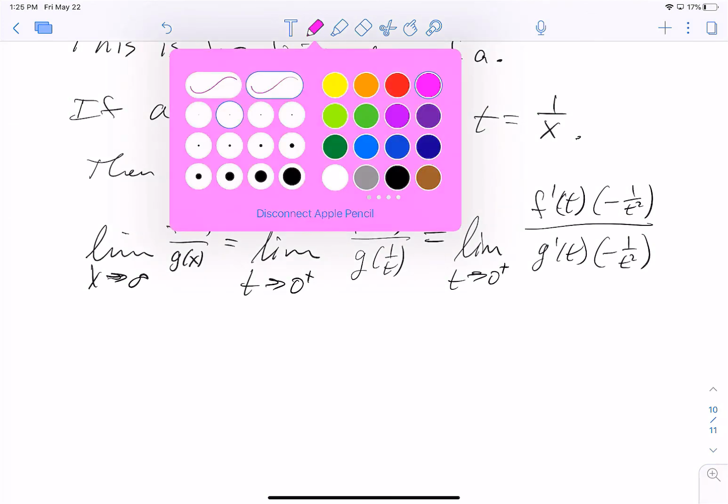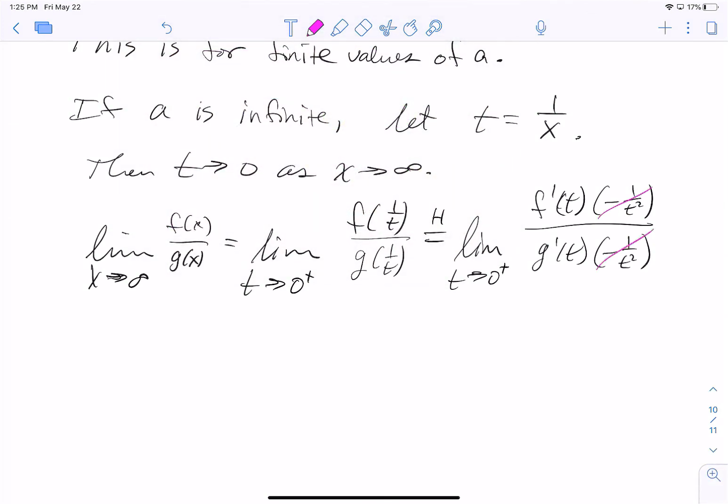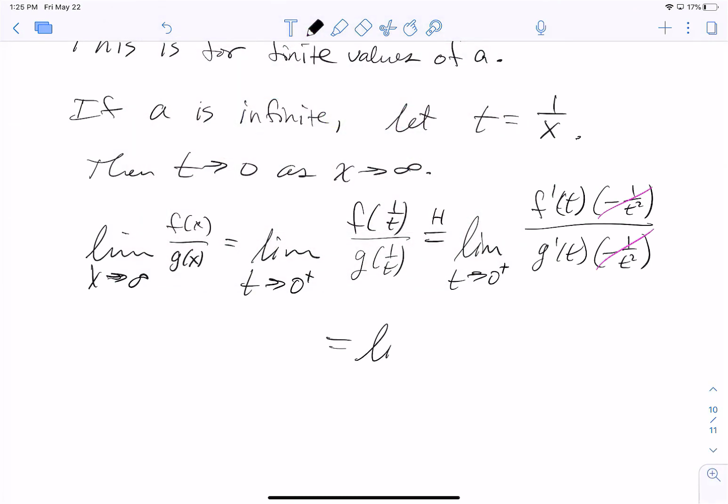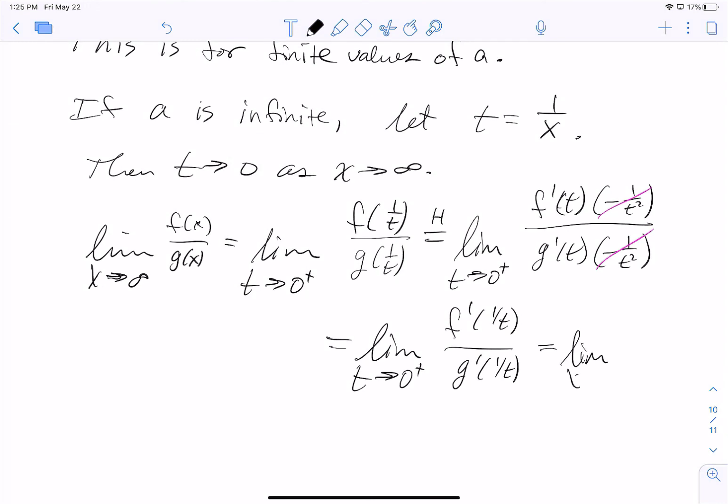Of course, those negative 1 over t squareds divide out, and we end up with the limit as t approaches 0 from the positive side of f prime of 1 over t divided by g prime of 1 over t, which equals the limit as x approaches infinity of f prime of x divided by g prime of x.